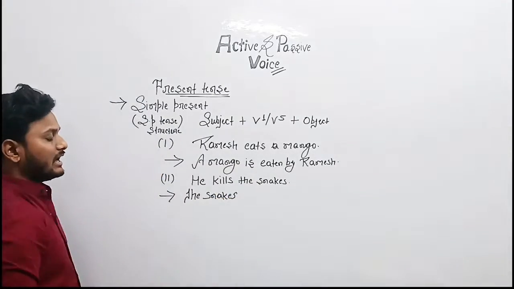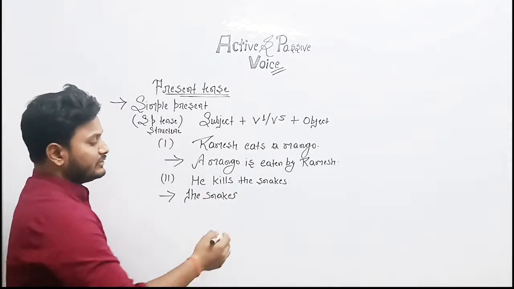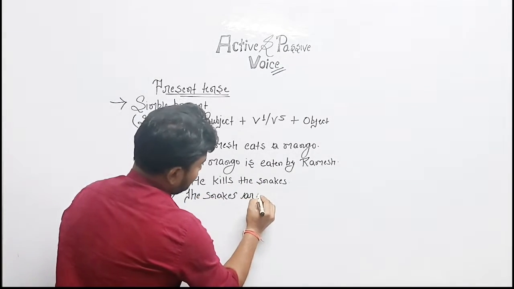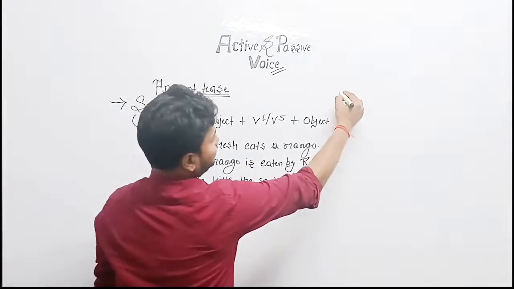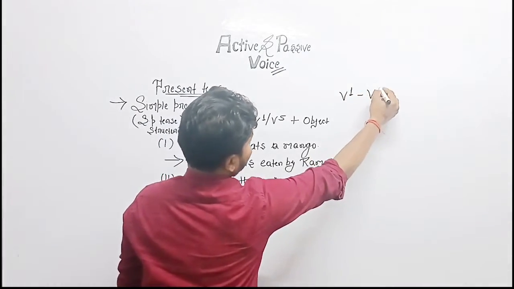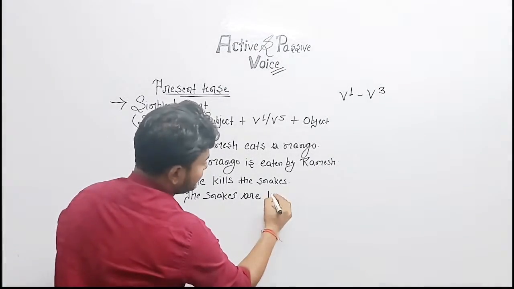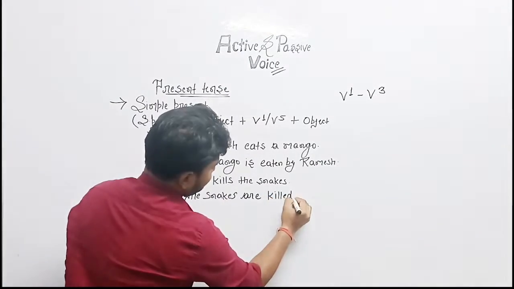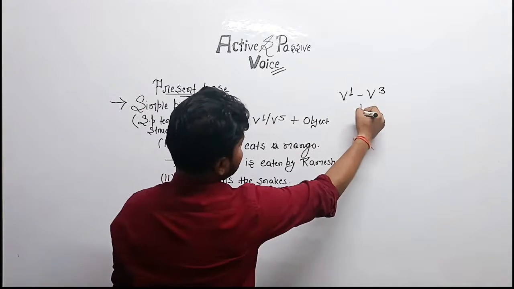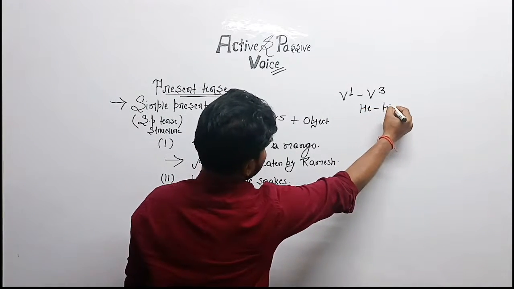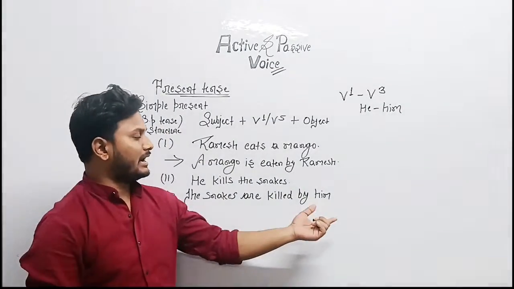Now we are talking about lots of snakes, so here it will not be "is", it will be "are". The snakes are kills, always verb 1 changes into verb 3. So here it will be: the snakes are killed by him. He changes into him. In passive, he changes into him. The snakes are killed by him.